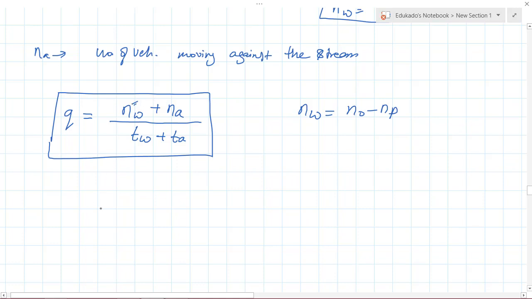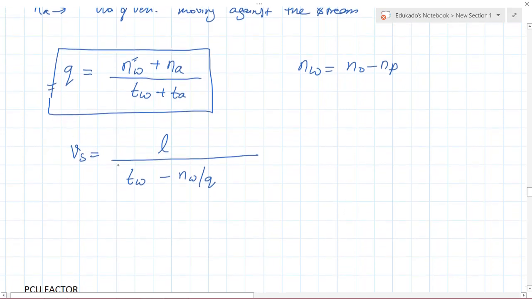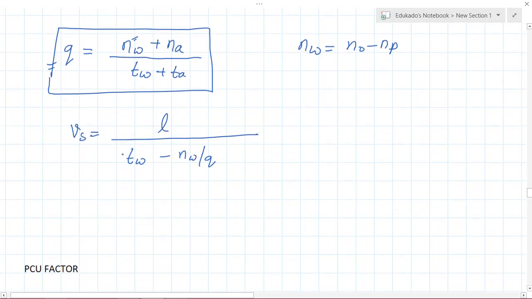And you can also say that the velocity Vs is equal to the length that we have covered divided by TW minus NW divided by Q that we have just calculated here. So this is one way.